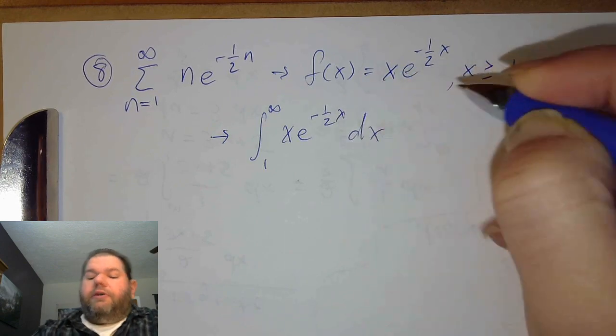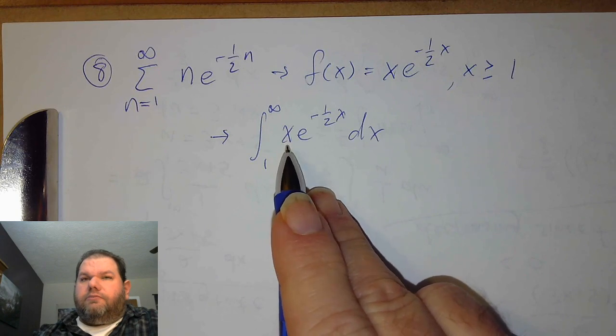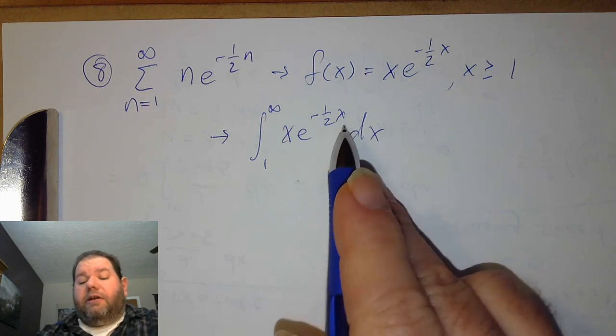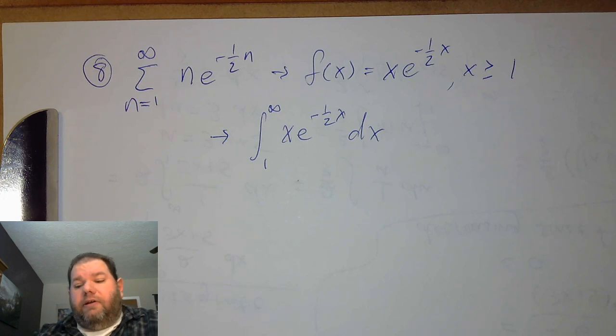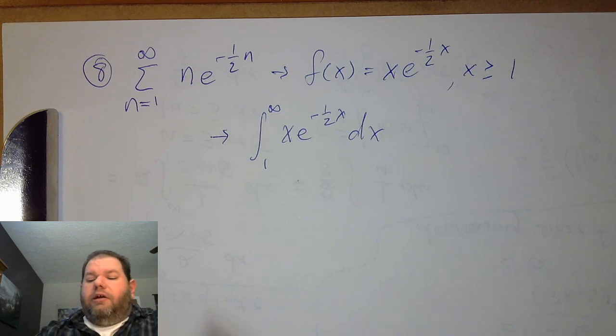Now, when we look at this, we have a polynomial term x times an exponential term e to the negative 1/2 x. There's two approaches we might be able to take here. One, it could be possible due to substitution.